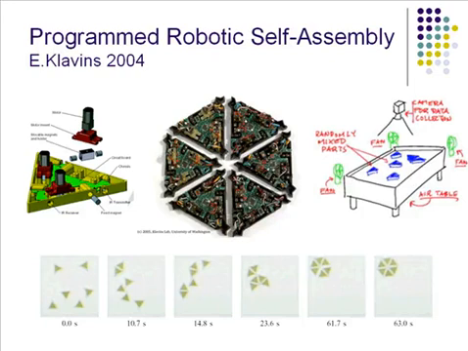And this is the thing. He put this module on an air hockey table and stirred them with many fans around the table. This is an actual photograph taken by a camera on the ceiling. Here you see the hexamer formation self-assembly.